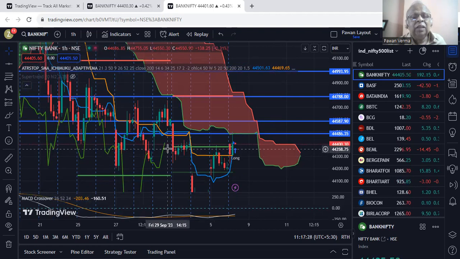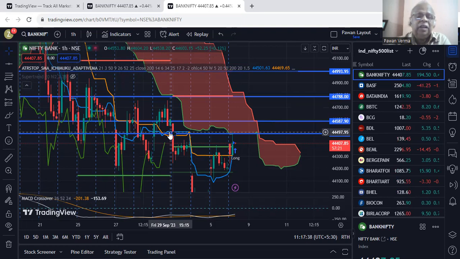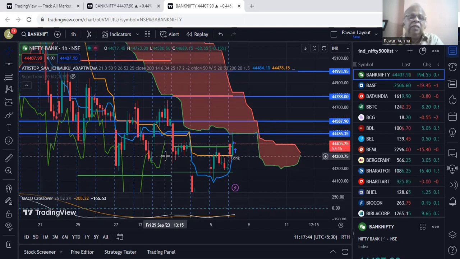Chikou span is clear and can touch and cross the Tenkan-sen and Kijun-sen. As explained earlier, whenever the Chikou span crosses between Tenkan-sen and Kijun-sen from below to upward, a minor bounce back can be observed.